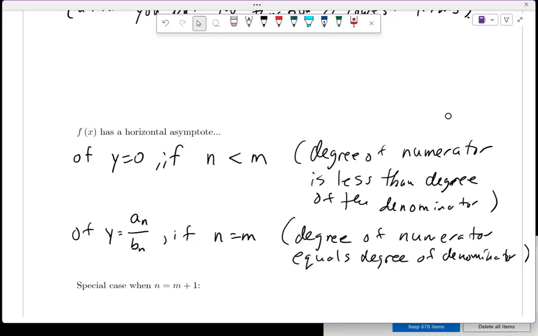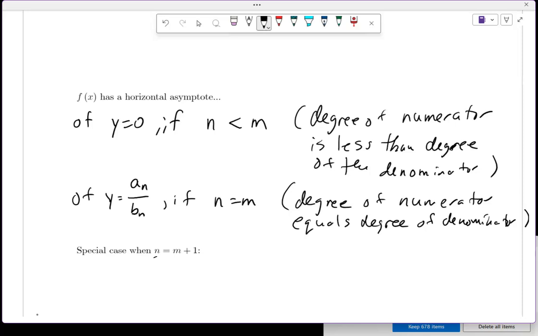Okay. There's a special case, though. We get a special type of asymptote if the degree of the top is exactly 1 bigger than the degree of the bottom. To illustrate what I mean, what if you had something like f of x equals x cubed minus 2x plus 3 over x squared plus 5?